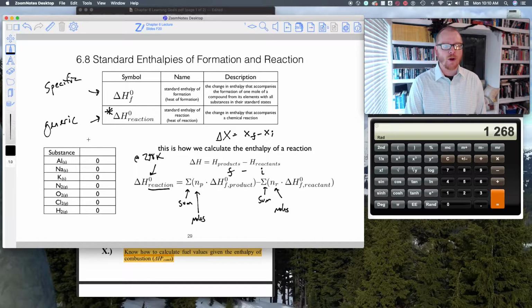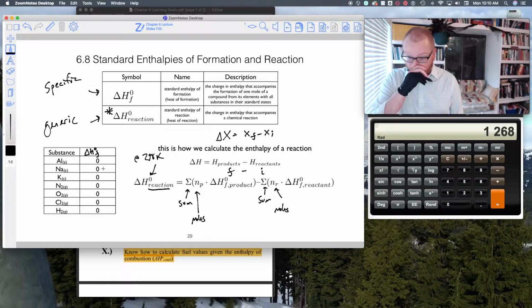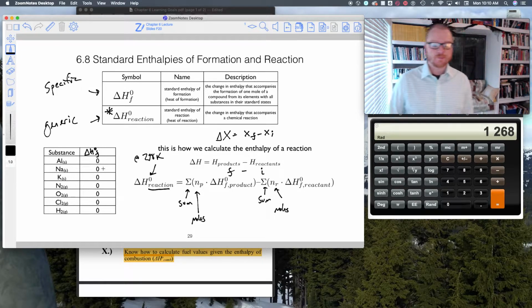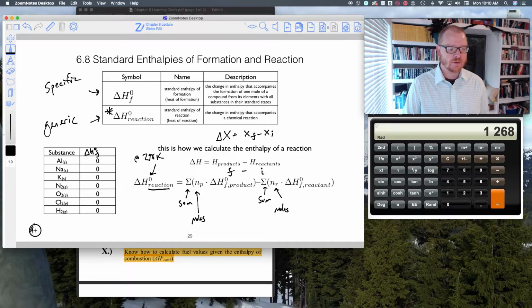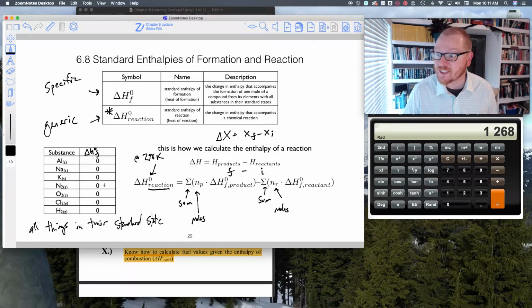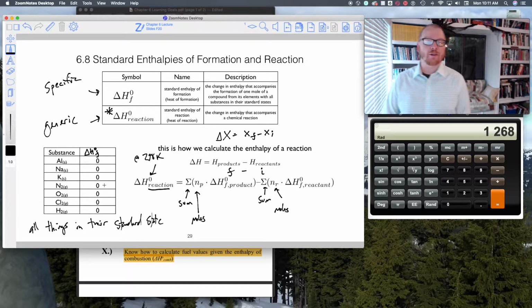So one thing to note, oops, my table was missing a header here, okay? One thing that's important to know, okay, so this is a rule that you've got to know. For all elements in their standard state, so we'll actually just say all things in their standard state, the enthalpy of formation is always 0 because they're already in their standard state.